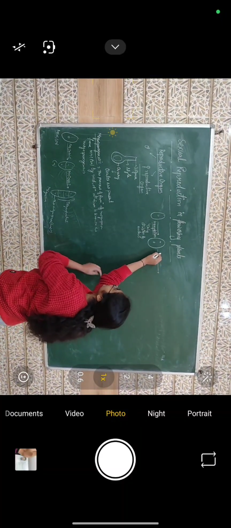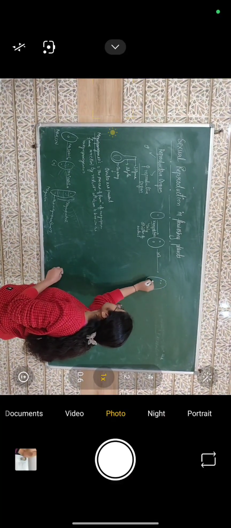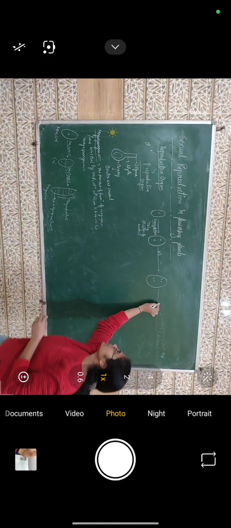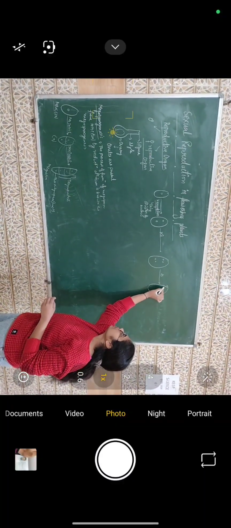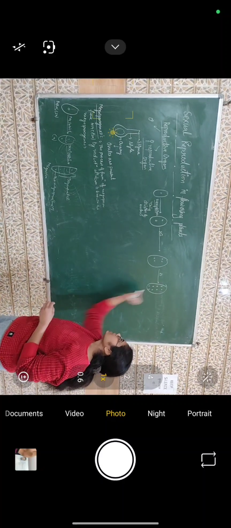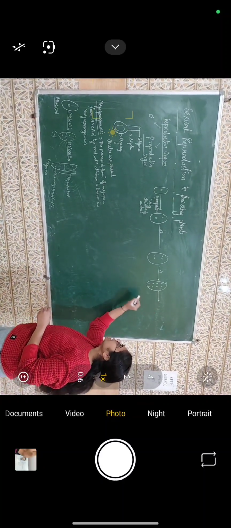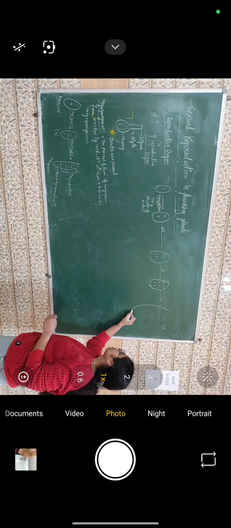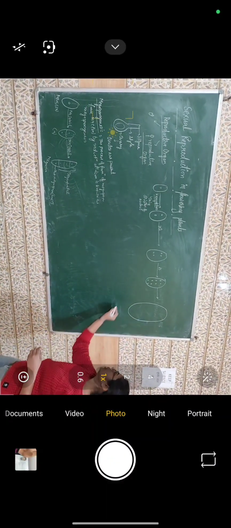After this, karyokinesis 2 will take place and it will form 4 nuclei. After this, the third karyokinesis will take place and it will form 4 sets of nuclei. And after this, they will arrange themselves at the poles of the ovule.